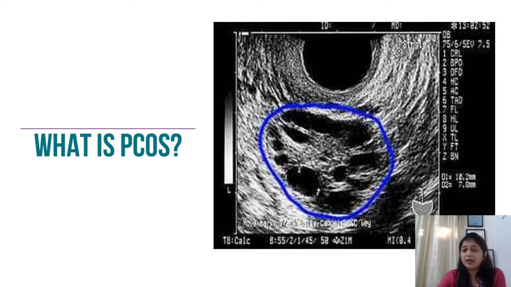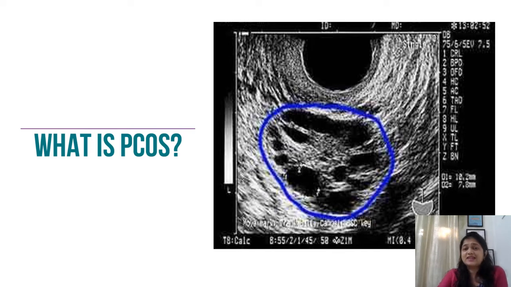Now, the main reason behind PCOS occurring is that there is a hormonal imbalance. So, what is this hormonal imbalance? Now, the hypothalamus, pituitary, and the gonadal axis is responsible for the normal menstrual cycle in a woman.